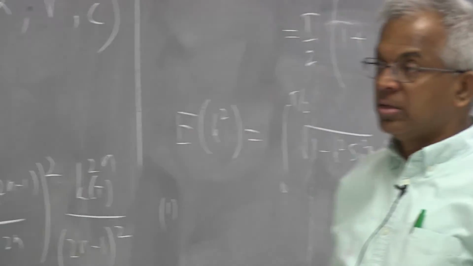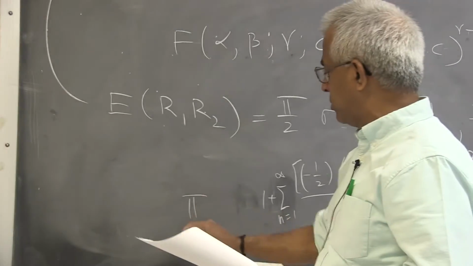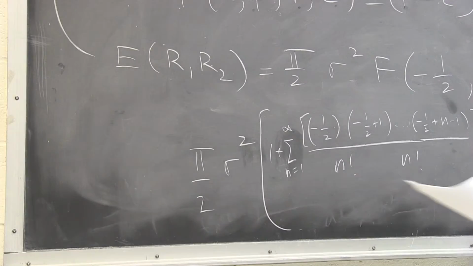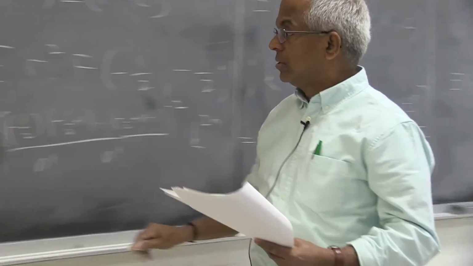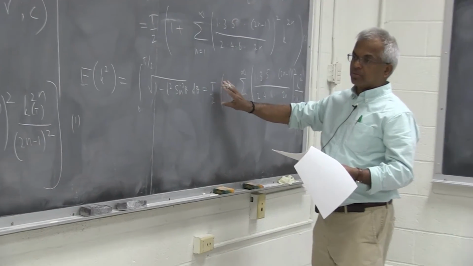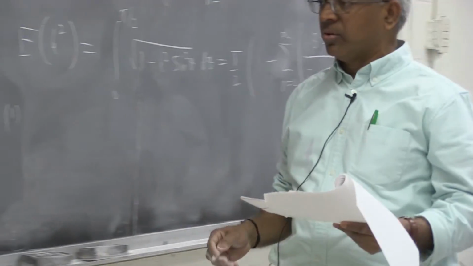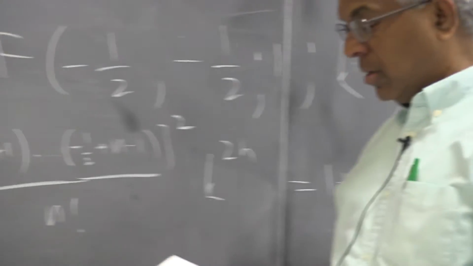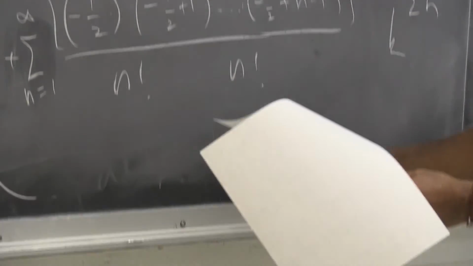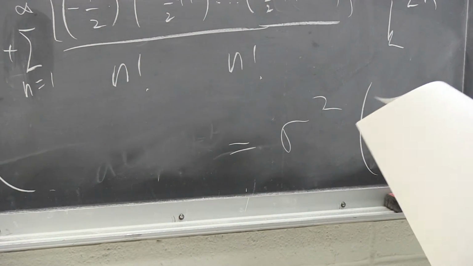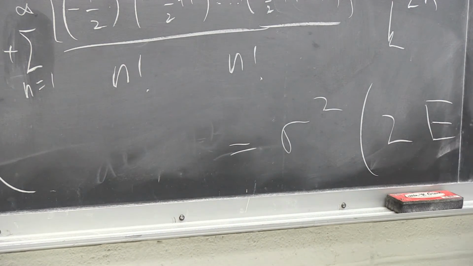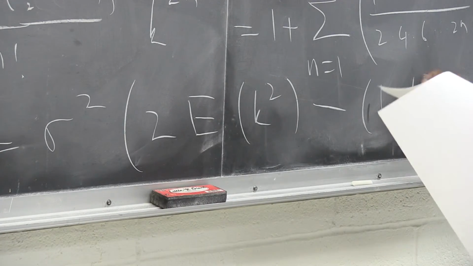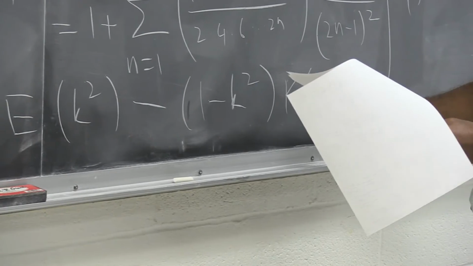So this will turn out to be, so we have this whole thing multiplied by pi by 2 multiplied by sigma squared. Here, this is equal to, and notice that these things also have pi by 2 multiplied by sigma squared. So if you substitute all this, this will turn out to be sigma squared multiplied by 2E(k) squared, the second elliptic integral, minus 1 minus k squared multiplied by the first elliptic integral.